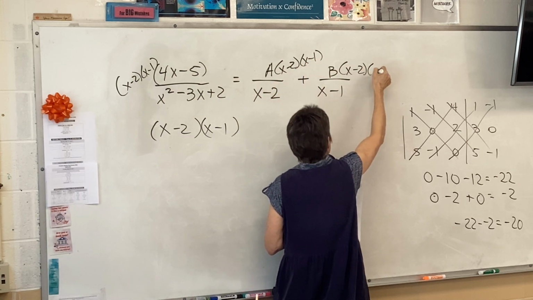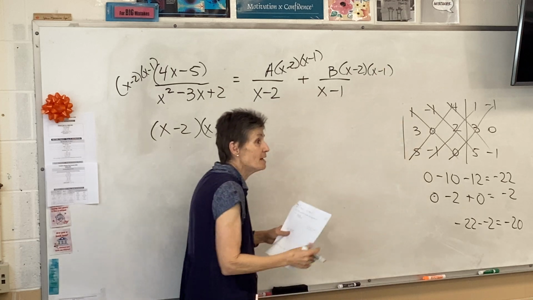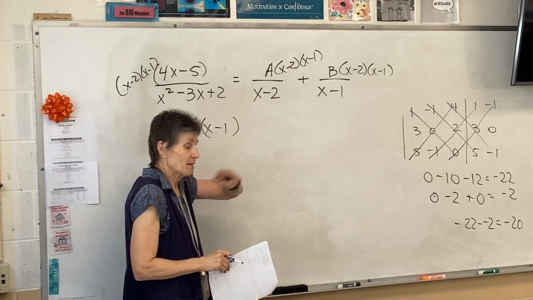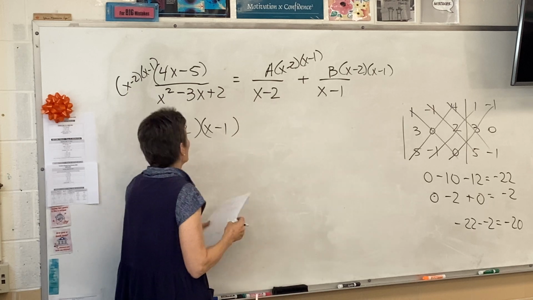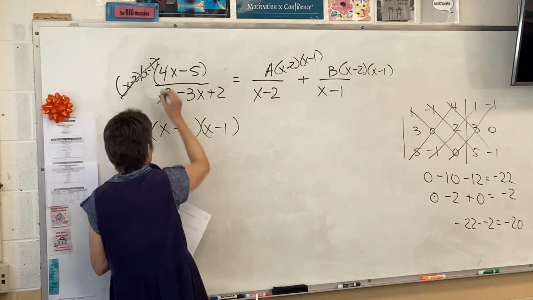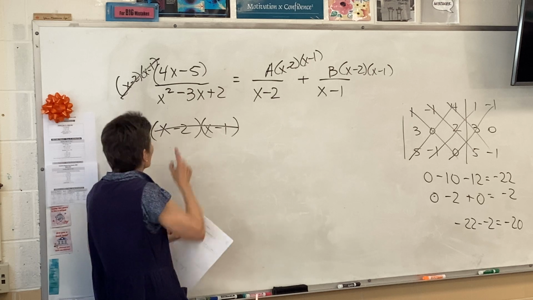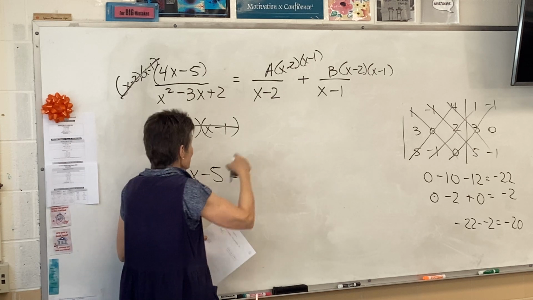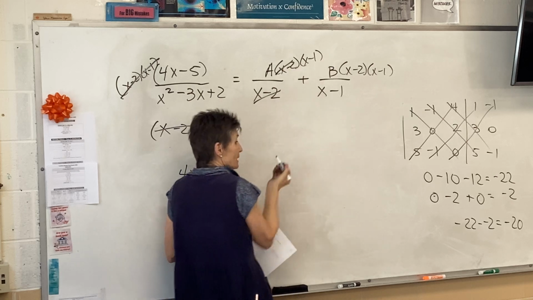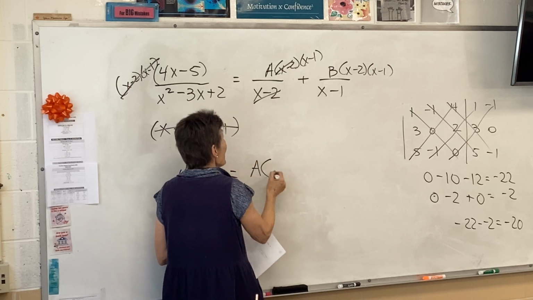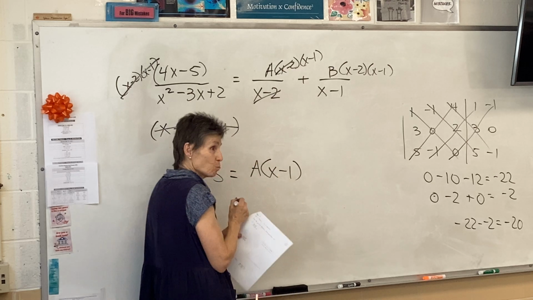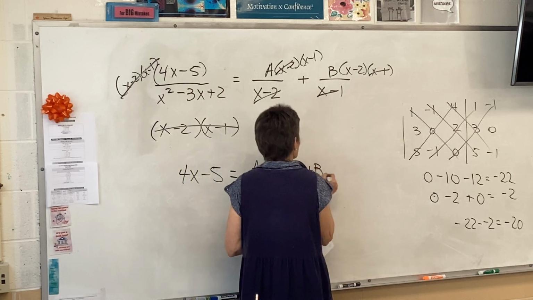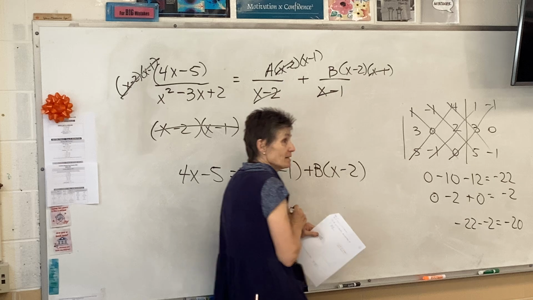So what is happening is I am clearing my denominator. Here, the whole shebang cancels out, and all I have left is 4x minus 5. Here, that part cancels out, so the A is left with x minus 1. And similarly, the B is left with x minus 2.